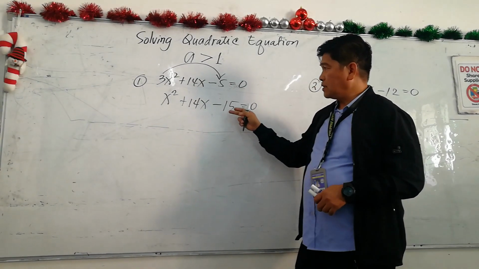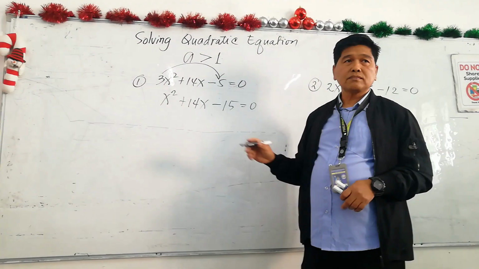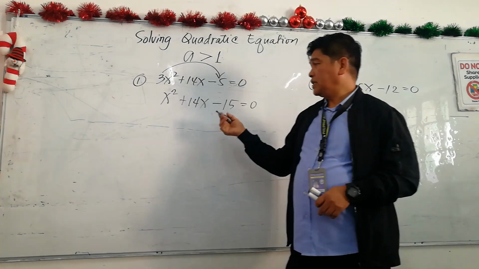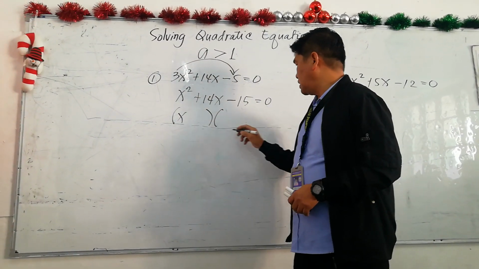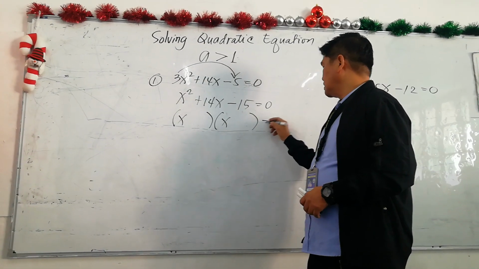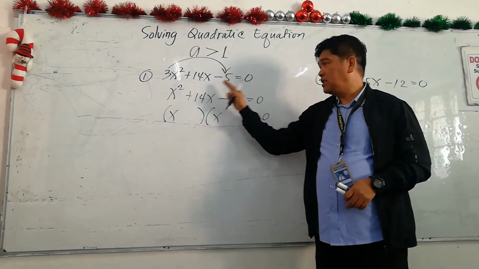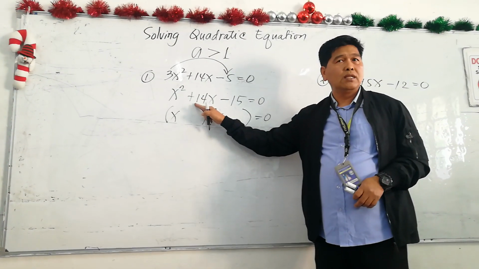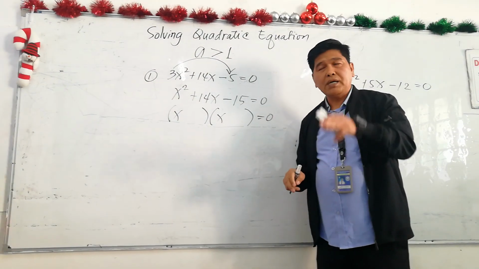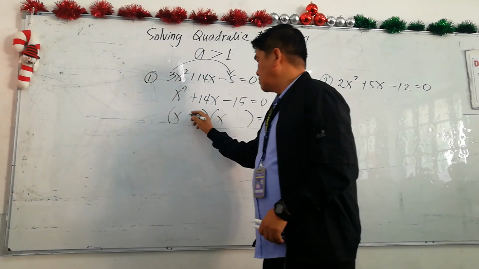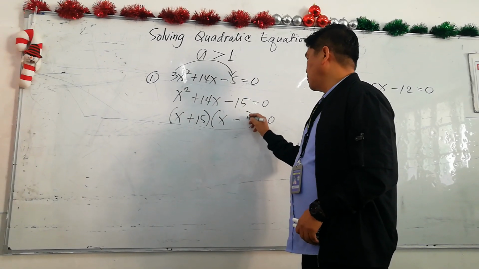This is now your factoring where a is equal to 1. So what are the factors? x and then x. What are the factors of negative 15 so that when added the sum is positive 14? Answer: positive 15 and negative 1.